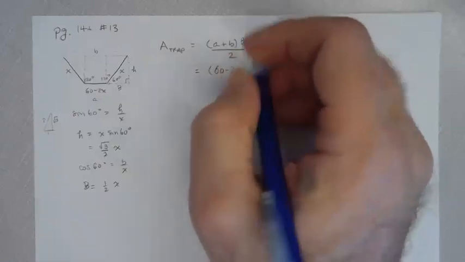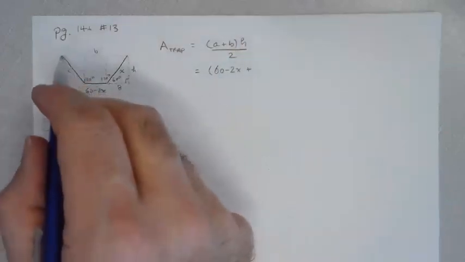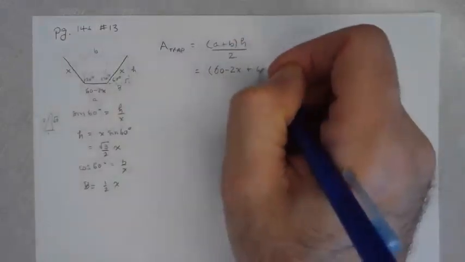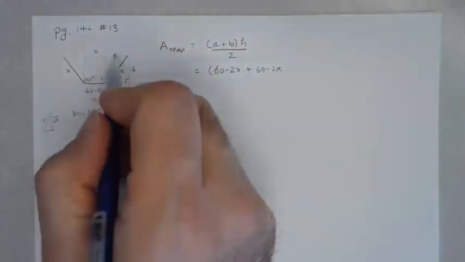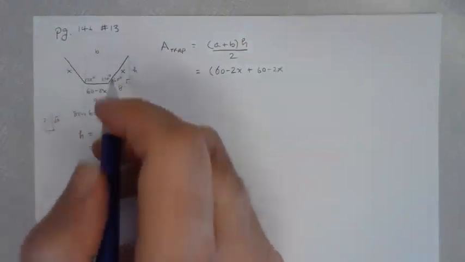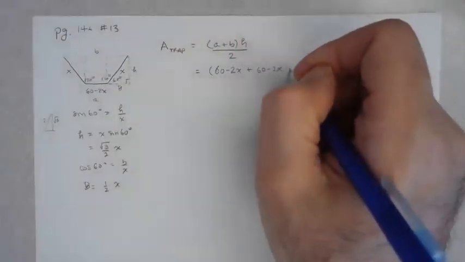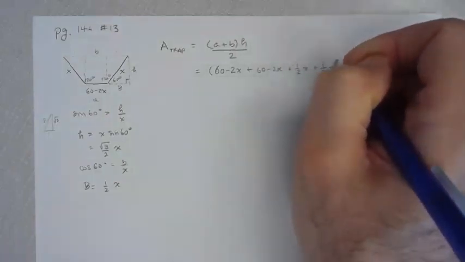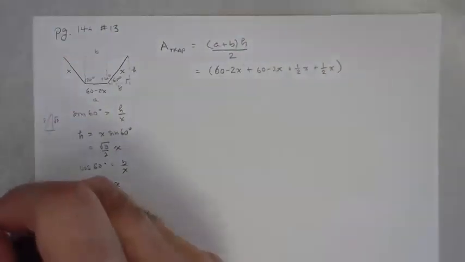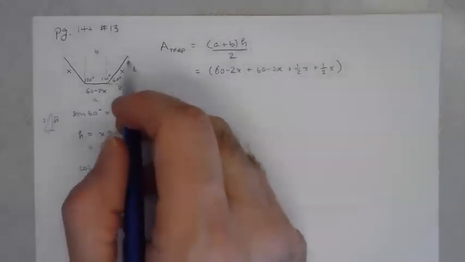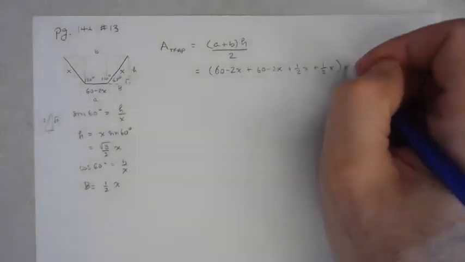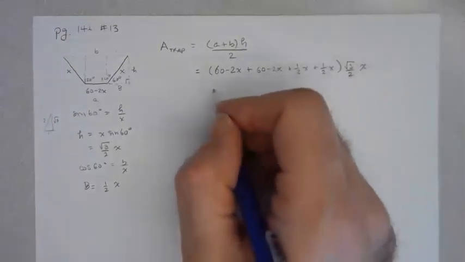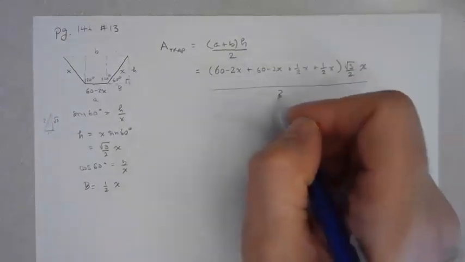And then plus B, which is this thing here, which is another 60 minus 2x, plus these two sides, which were my half x. So plus half x plus another half x. All of that times the height, which we determined was root 3 over 2 x. And then all of this divided by 2.